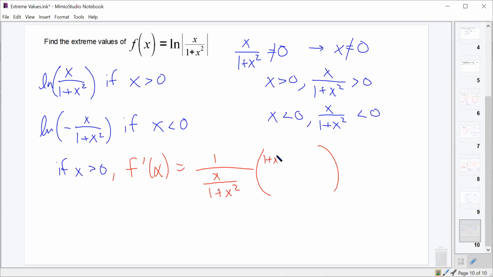So 1 plus x squared times 1 minus 2x times x all over the 1 plus x squared squared. So take a second and see if you can simplify that derivative down.